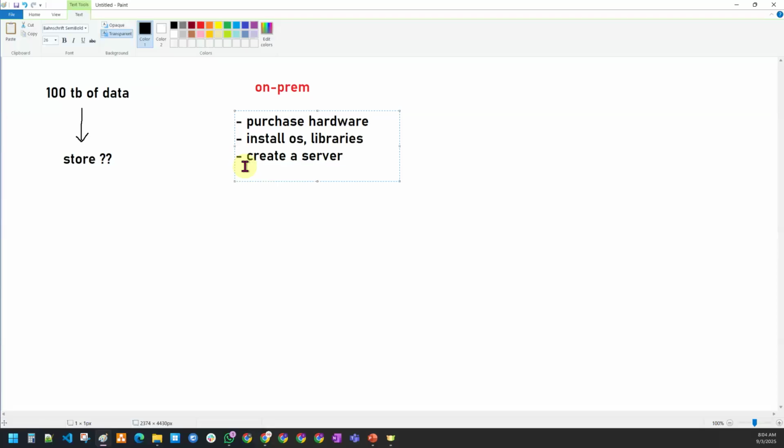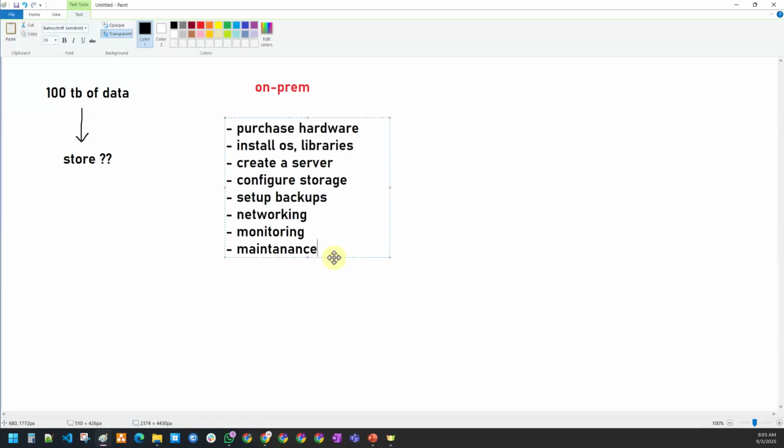We try to create a server out of it, and then we configure the storage, set up the backups, set up the networking, and monitoring and maintenance. So these are all the activities that we have to take care of, isn't it, guys?